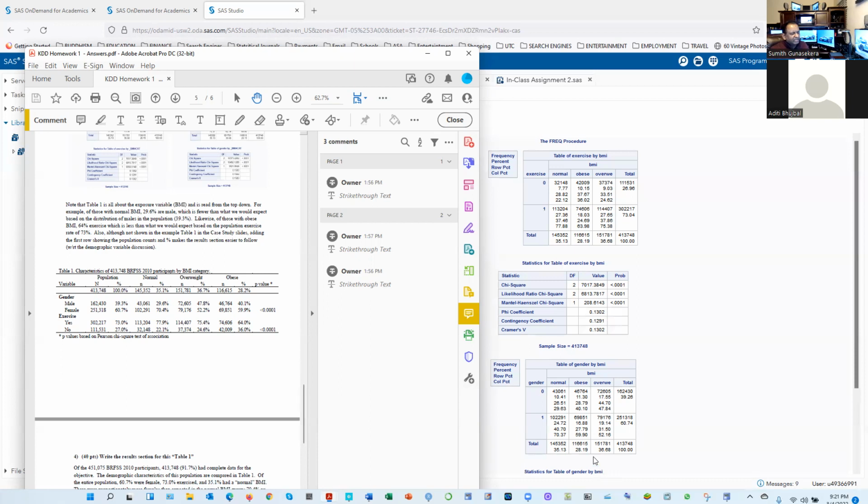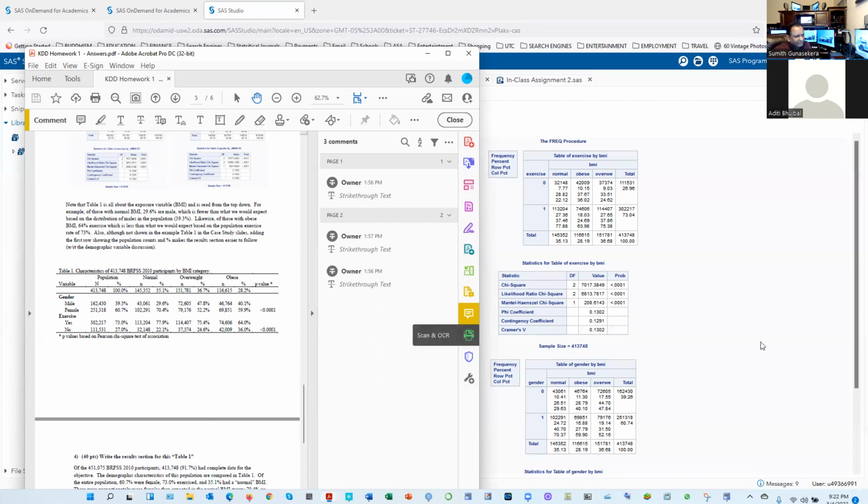By looking at this one, you can figure this out. So then the p-value is based on the Pearson chi-square test of association. Can you remember we got the p-value earlier?